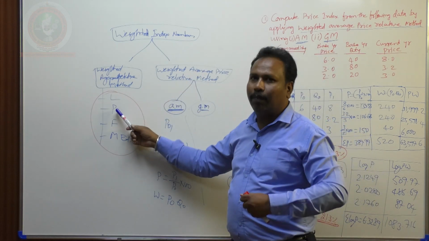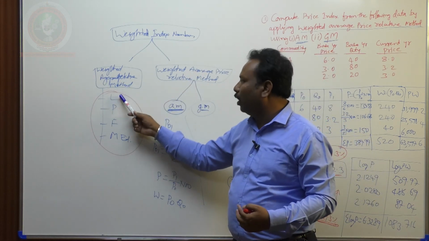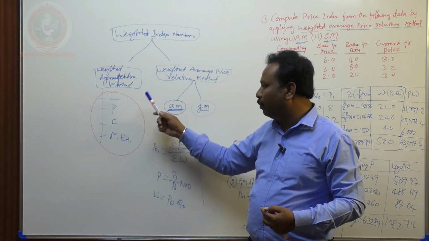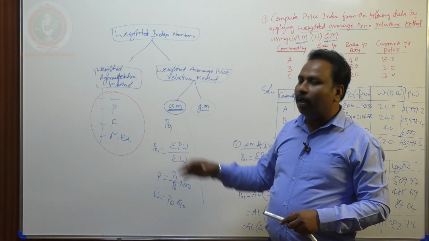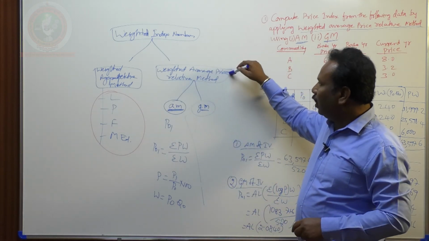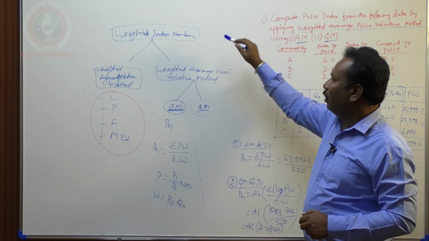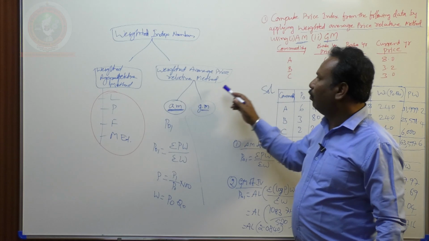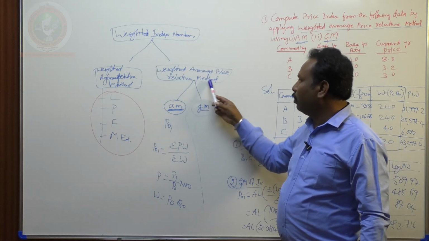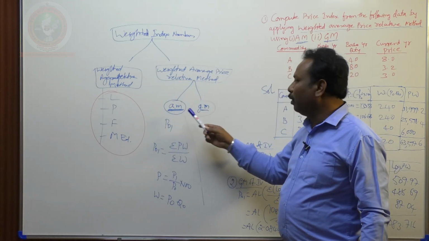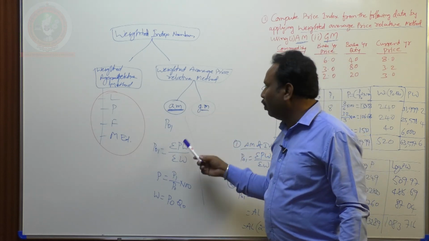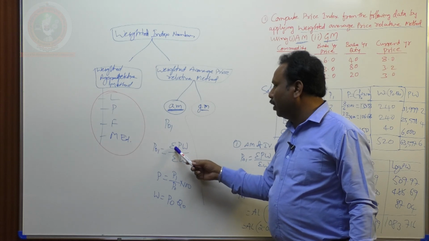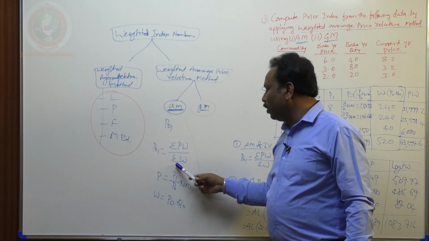In the previous session, we discussed and worked out various problems related to Laspeyres method, Paasche method, Fisher index method, and Marshall and Edgeworth method. Although it is not important, it is one of the methods of index number, so we worked out some case studies relevant to the weighted average price relatives method, under two bases: arithmetic mean basis and geometric mean basis. On the arithmetic mean basis, it is sigma PW divided by sigma W.